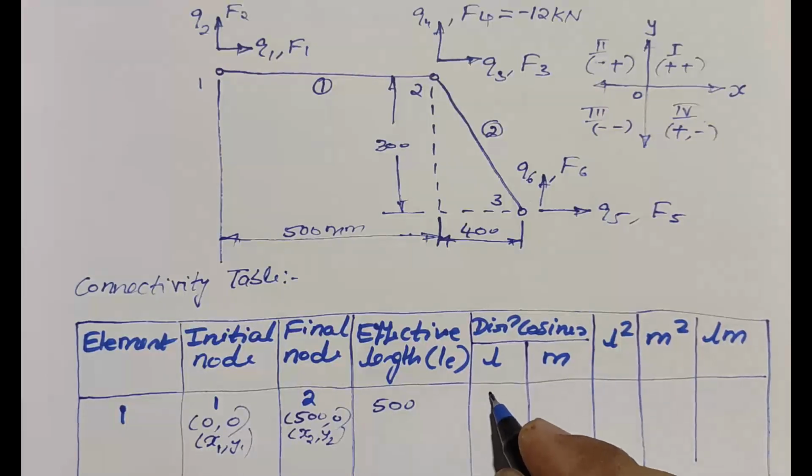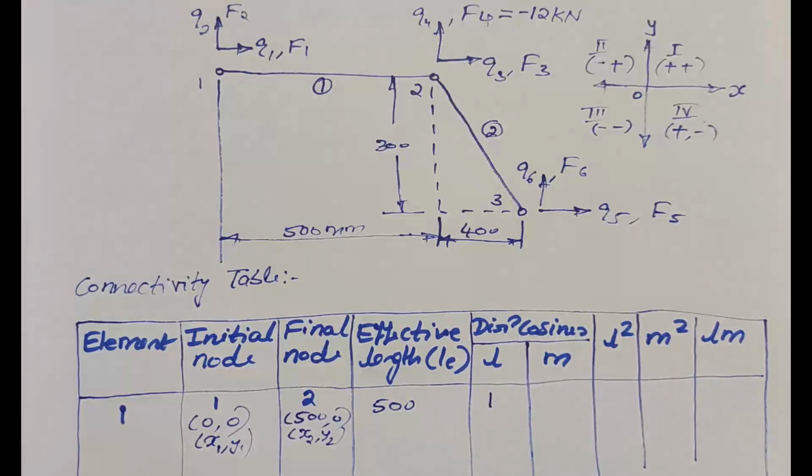The value is 1. So L is 1. M, the formula for M is y2 minus y1 by LE. y2 is 0, y1 is 0, divided by 500 means it is 0. Next, L square, 1 square is 1, M square 0 square 0, L into M is again 0.